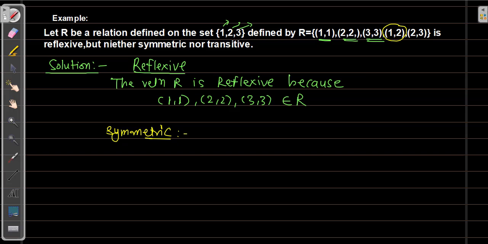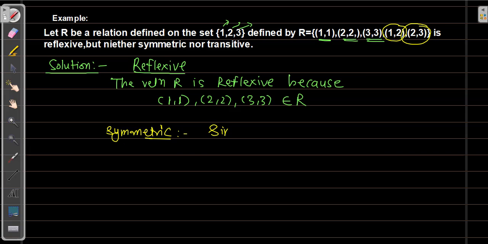In this relation also, 2 is related to 3, but 3 is not related to 2. If the ordered pair (x, y) belongs to the relation R, then (y, x) also belongs to relation R, then we will say that our relation is symmetric.